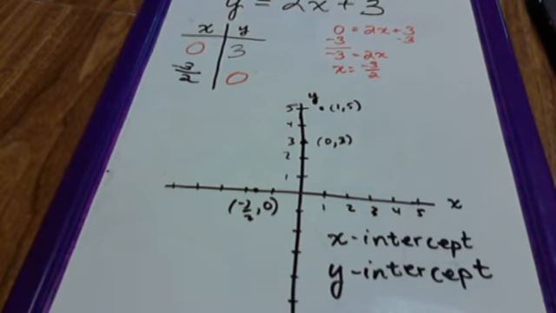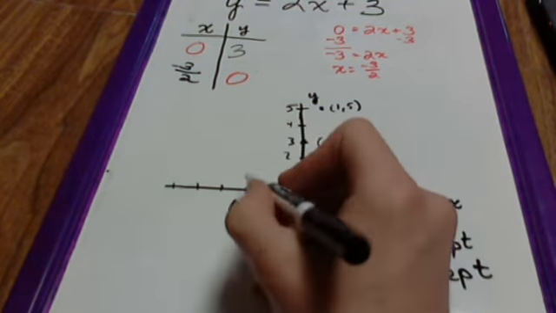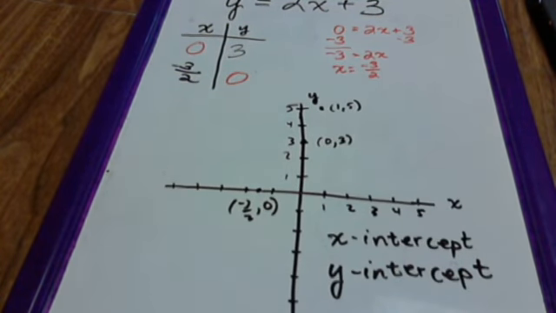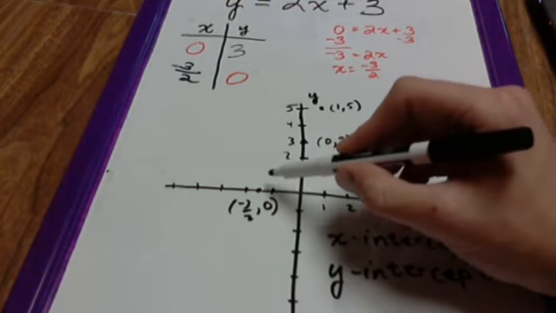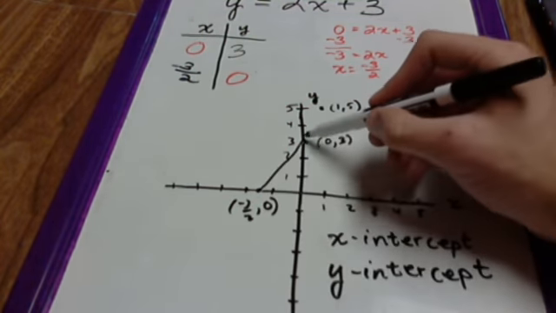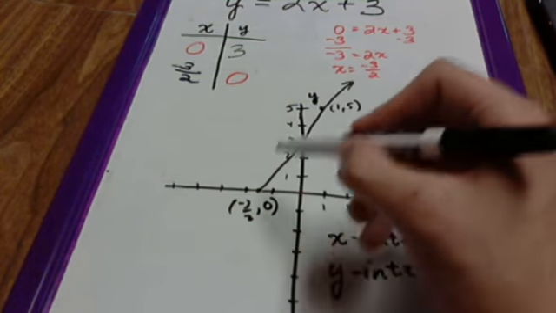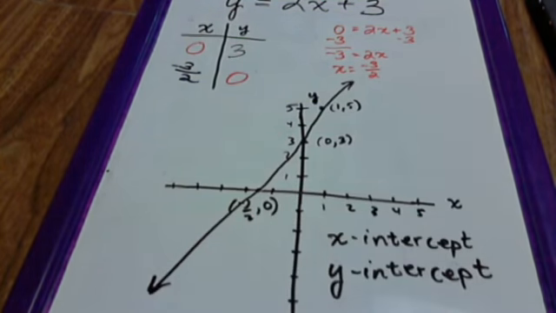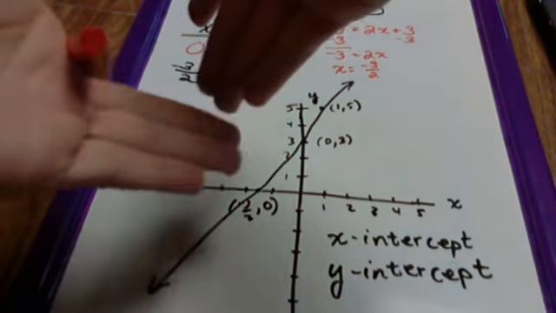So now the only thing left to do is to draw our line through it. Now, I don't have graph paper, so I had to eyeball it here, but this is approximately what your line would look like. And because it's a line, geometry says we have to draw arrows on it to show that our line extends infinitely in both directions.